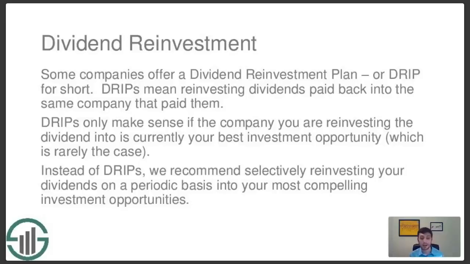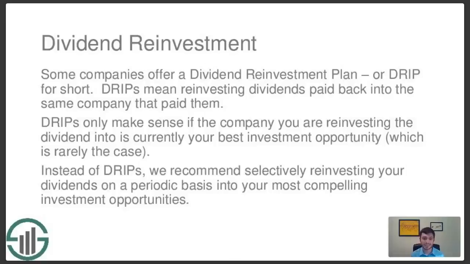So you'd get an extra 3% a year of stock in that company. And over time, this can really compound and add up, because when you're talking about a business that is increasing its dividend every year, and you're increasing the amount of shares you own in it, you're really building a powerful passive income stream quickly.